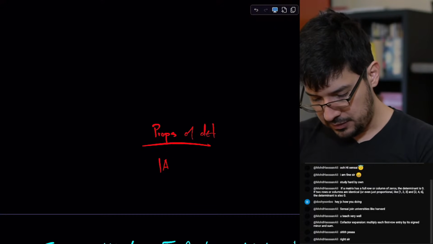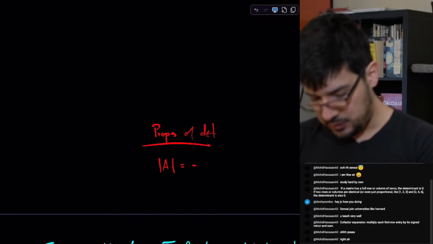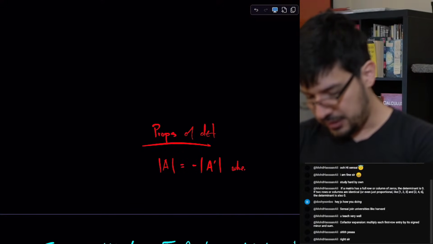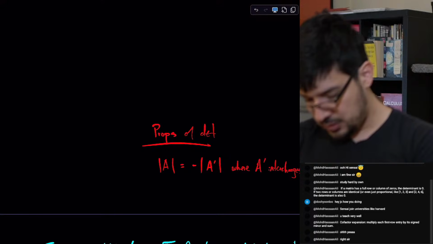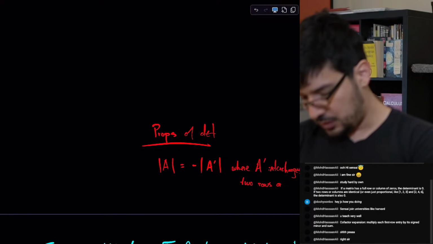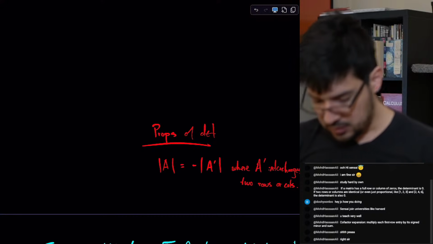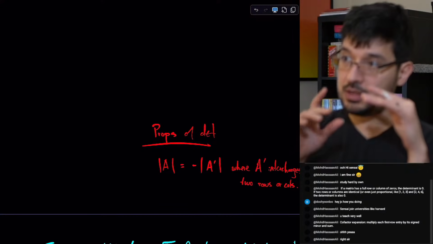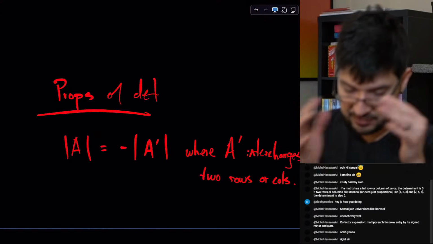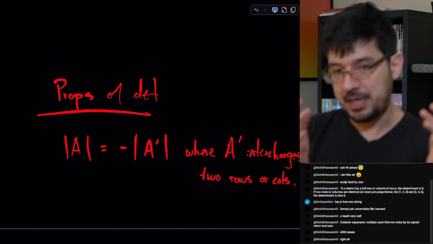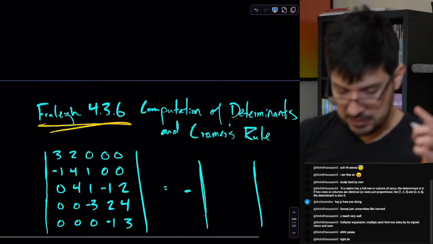The determinant of A is equal to negative determinant of A prime, where A prime interchanges two rows or columns. So if you swap two rows or columns, then the value of the determinant is the same, but multiplied by -1, with an alternate sign.